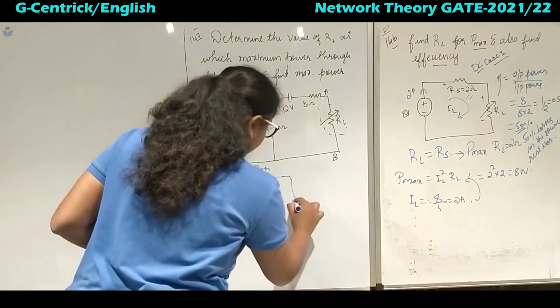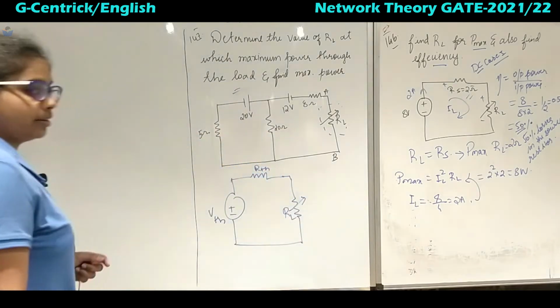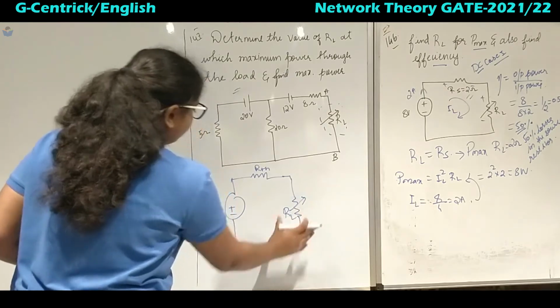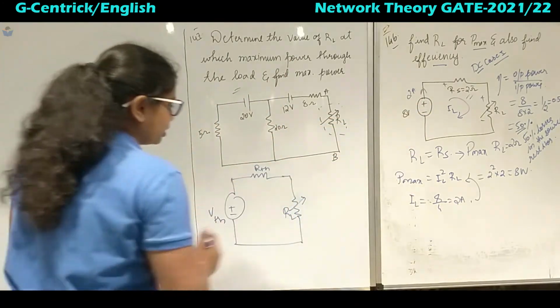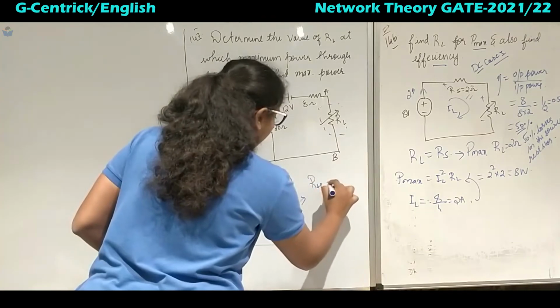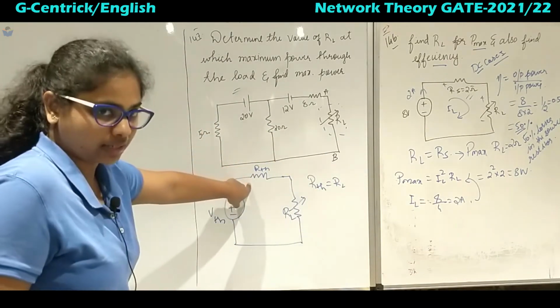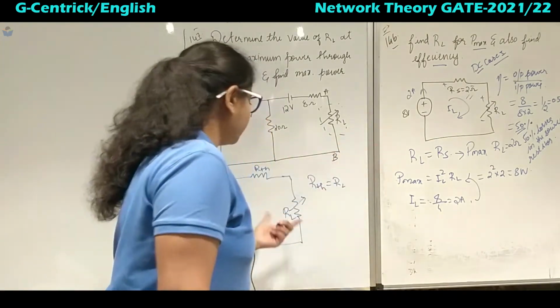So if I replace it, this will be RL. So VTH, RTH and I have RL. So now it is similar to this one. Okay, so this RTH is equal to RL, right? It is nothing but the source resistor. Similarly, the circuit has become the same.